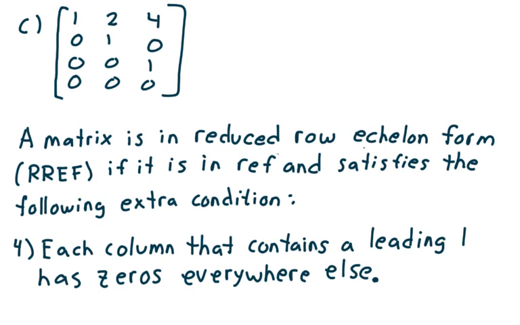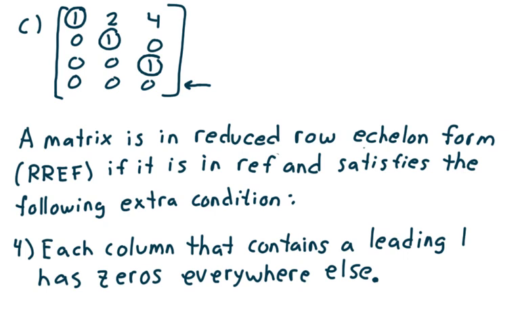The row of zeros occurs at the bottom. If we look at the third row, we have a leading one, the first non-zero entry, and it's to the right of the leading one in the second row. And the leading one in the second row is to the right of the leading one in the first row. So it satisfies all the characteristics and is therefore in row echelon form.